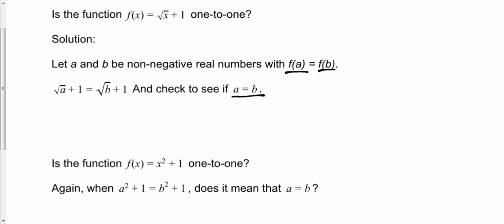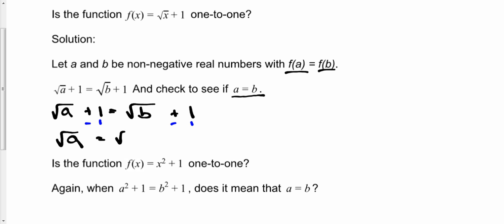So, let's do this one. The square root of a plus 1 equals the square root of b plus 1. Can I subtract 1 from both sides? Minus 1, right? Then I get the square root of a equals the square root of b.